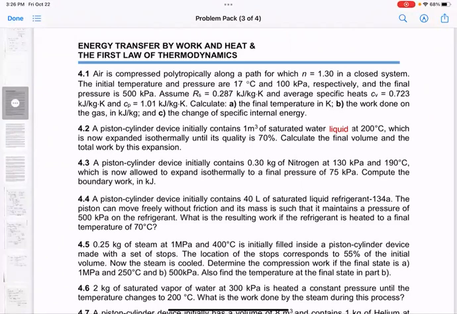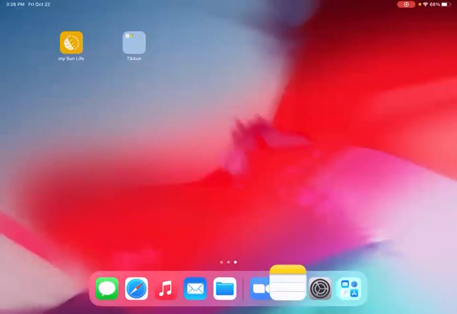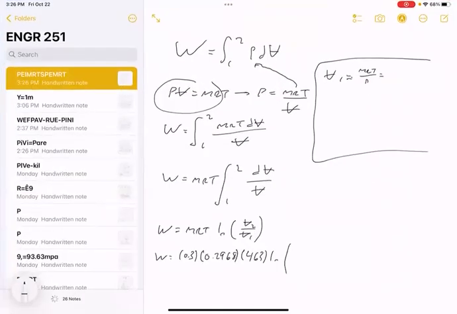So the volume will be 0.317 meters cubed.